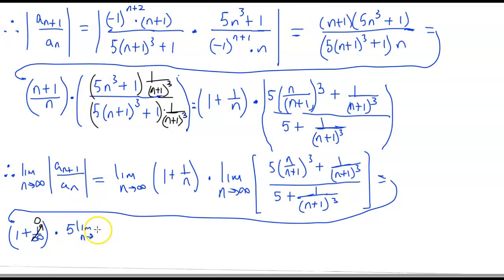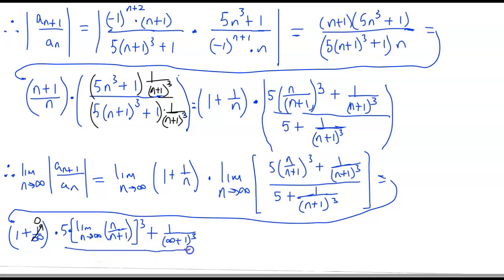The point that I'm trying to get to here is that if I take this limit of n divided by n plus 1 as n approaches infinity, that result is just going to be 1. Okay, and we take all of that, cube it, plus, and then over here this would be 1 over infinity plus 1 cubed.